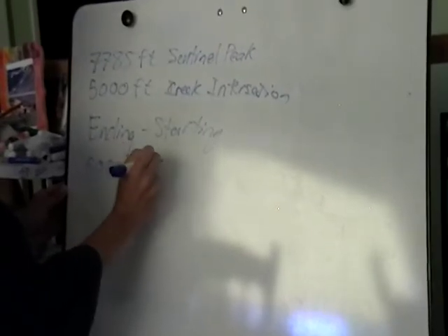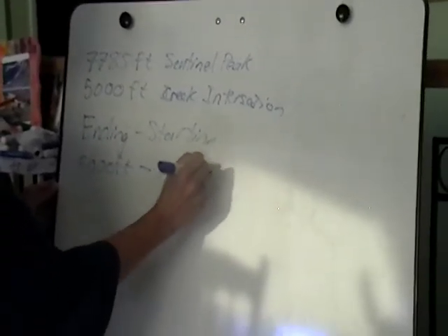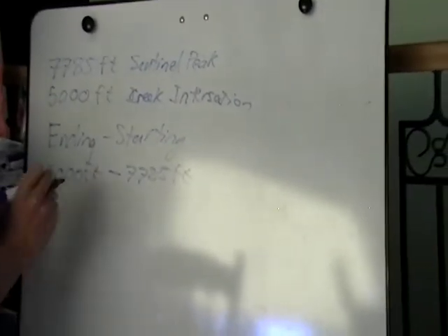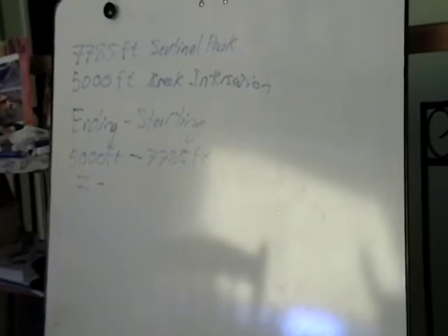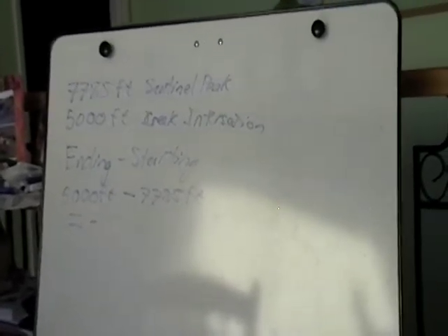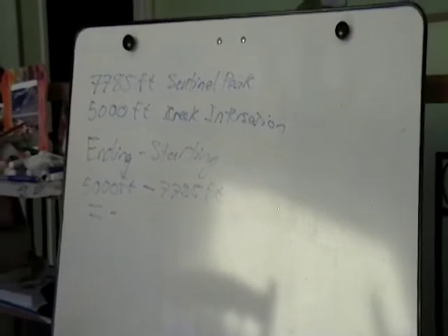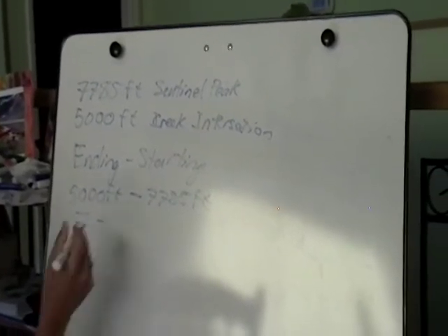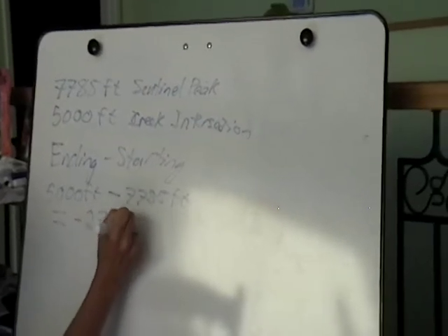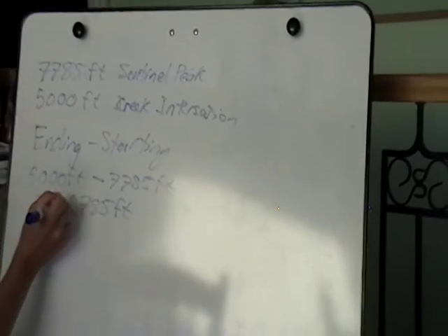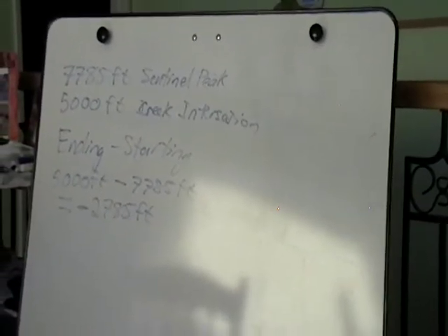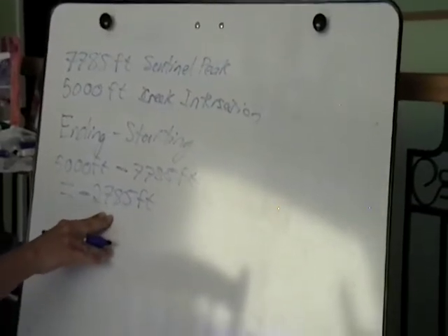So 5,000 feet minus 7,785 feet gives me negative, should be 270, but I'm going to make sure, because I haven't had to do math all summer. Yes, 2,785 feet. If you did that in your head, you should have been able to, because that is really simple. I'm overthinking things at the moment.